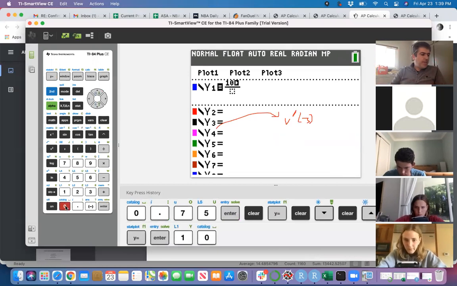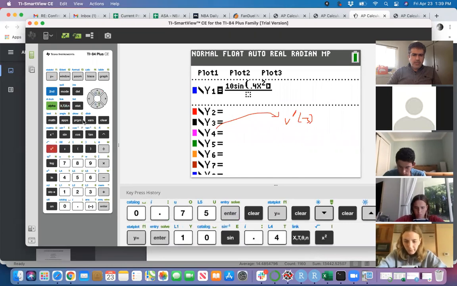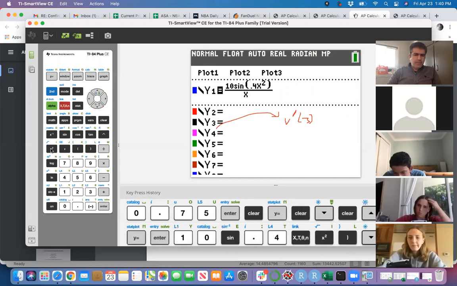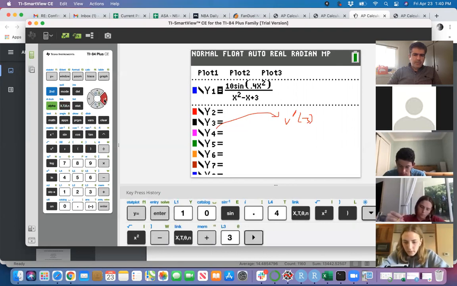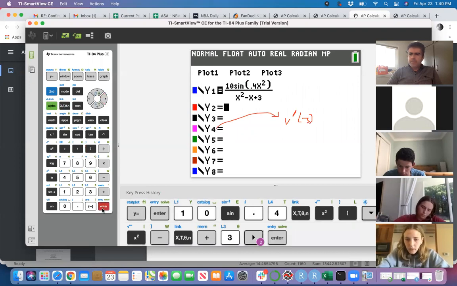That's fine too. So 10 sine 0.4x squared, and next up is x squared minus x plus 3. Okay, so I've entered it.